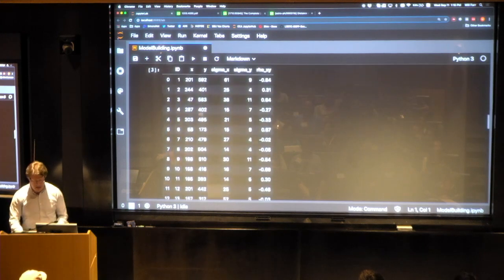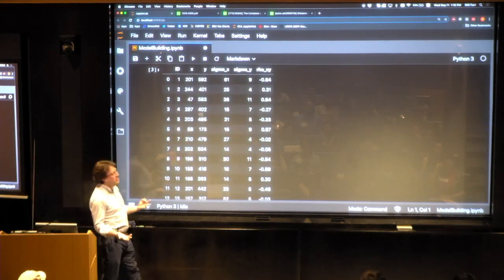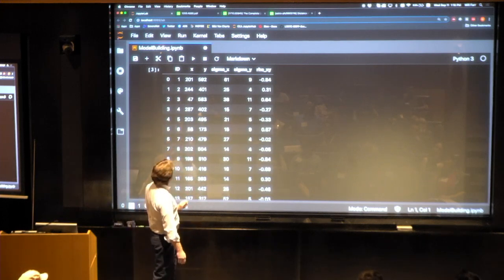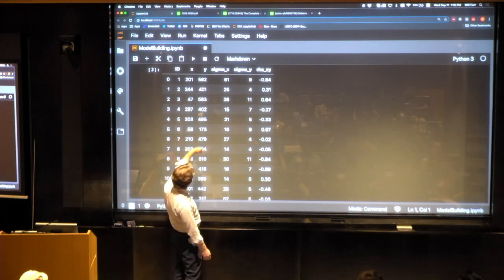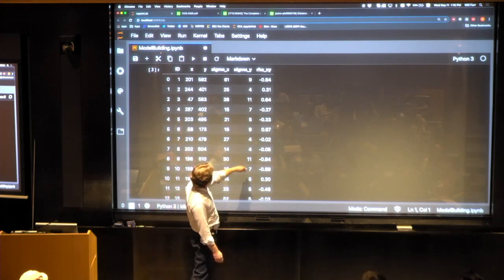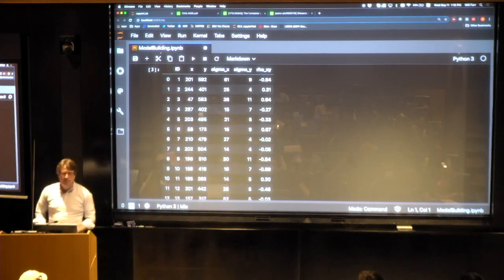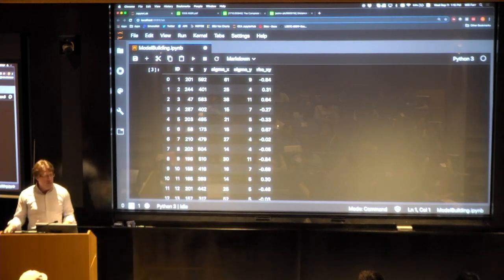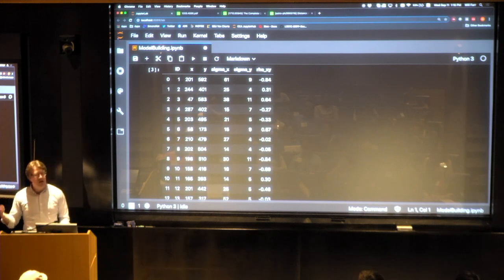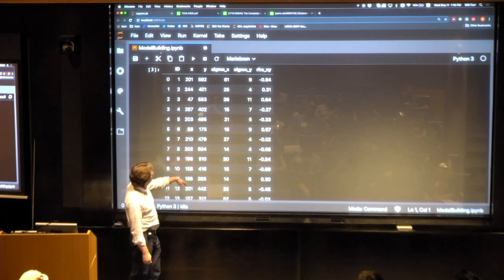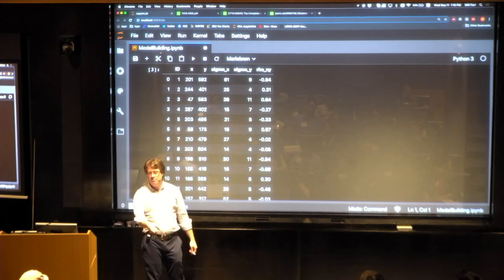So we've got some data. And because this example is totally divorced from physics, we have an ID, 1, 2, 3, 4, 5, 6, 7. We have a quantity x and a quantity y, and a sigma x, a sigma y, and then a correlation coefficient. These don't mean anything, obviously, but what you might have in the back of your mind is you're in a physics lab, and let's say x is like the dial for voltage.